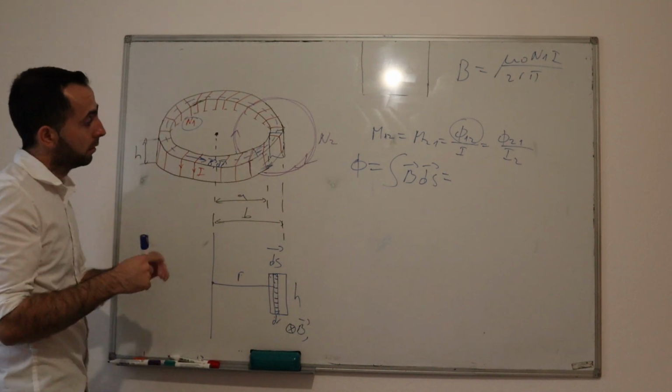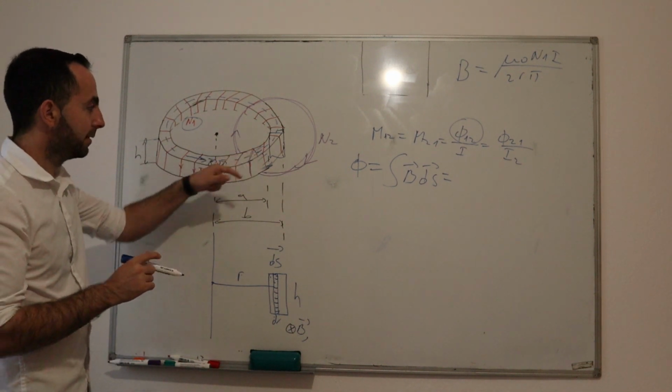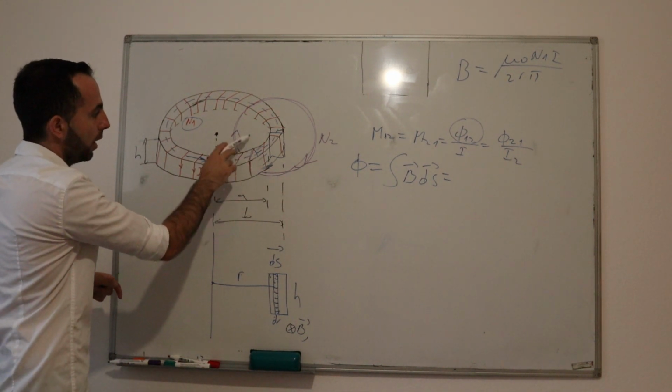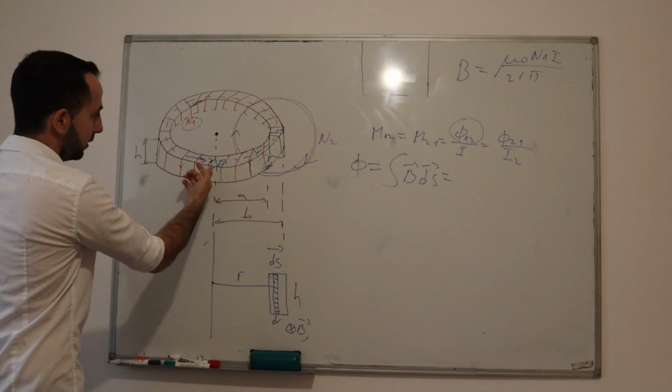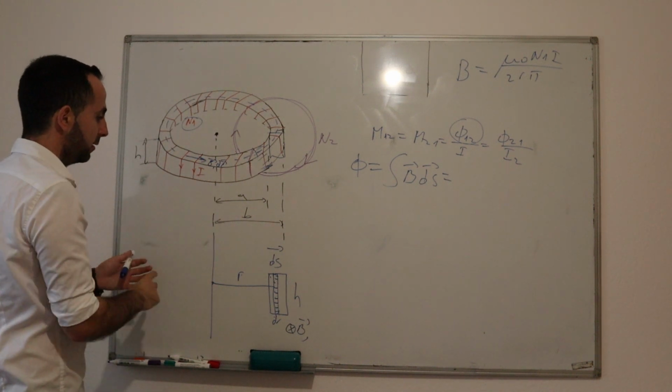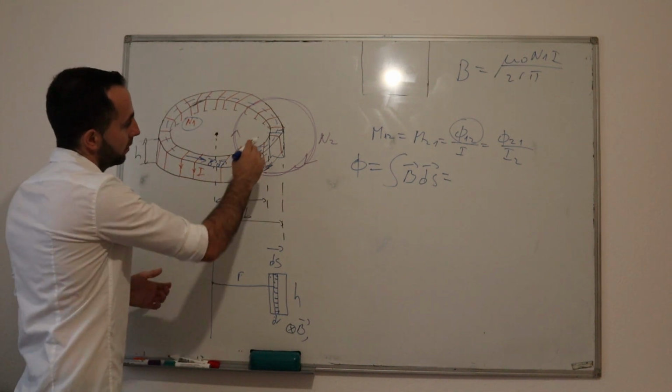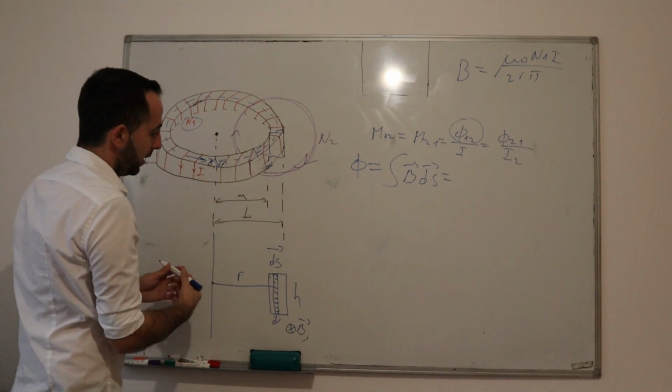You must look at the directed contour of our conductor, and we determine it the same way as the magnetic field.